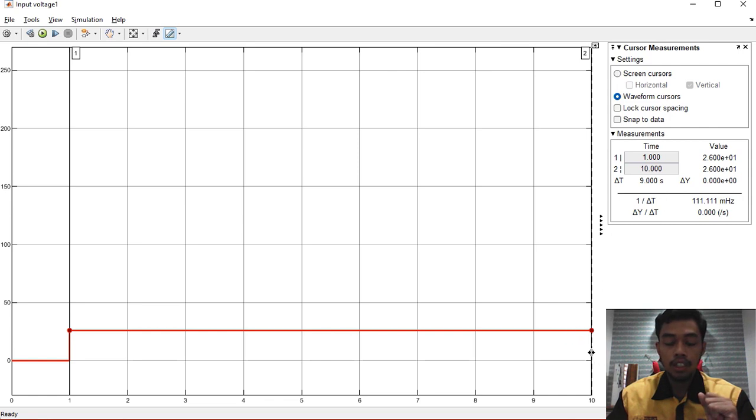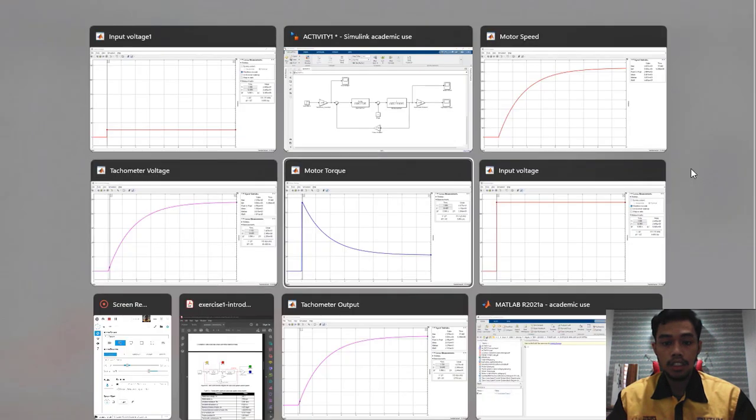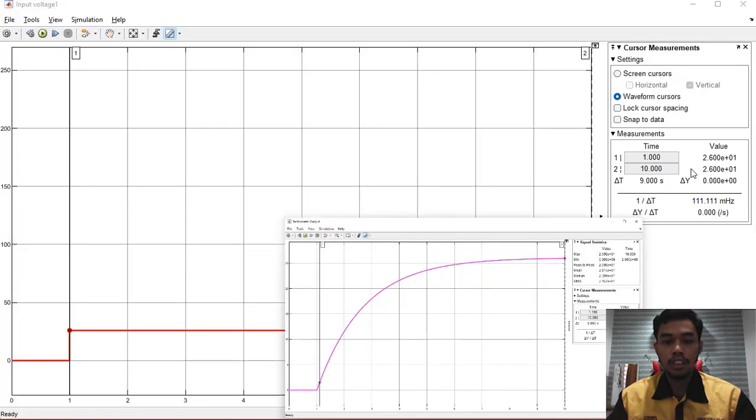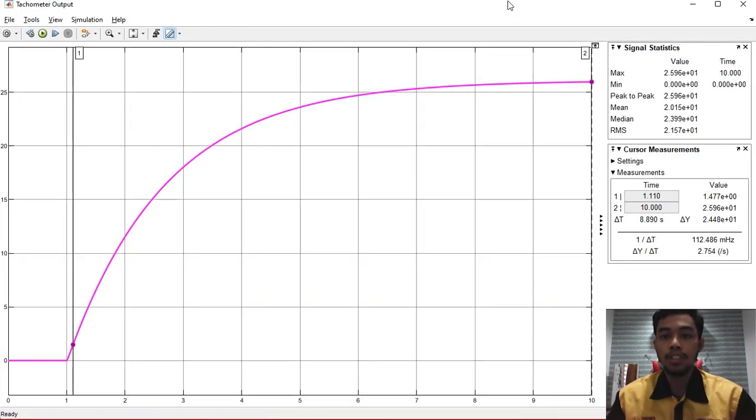The input voltage, when t equals 10 seconds, will be 26 volts. And then the tachometer voltage will be 225.96 when t equals 10 seconds.